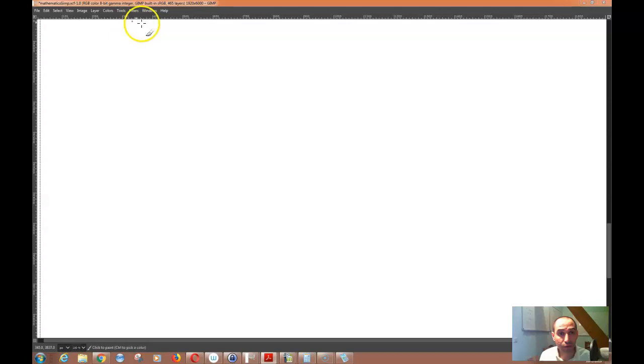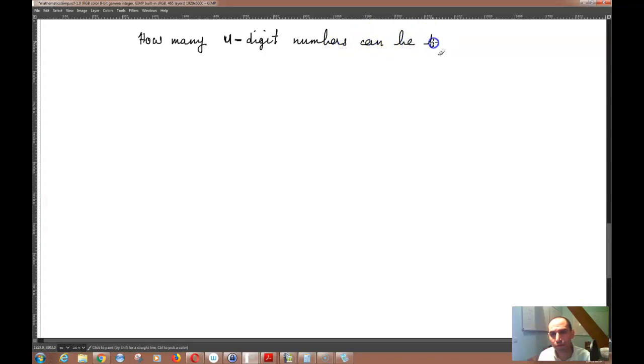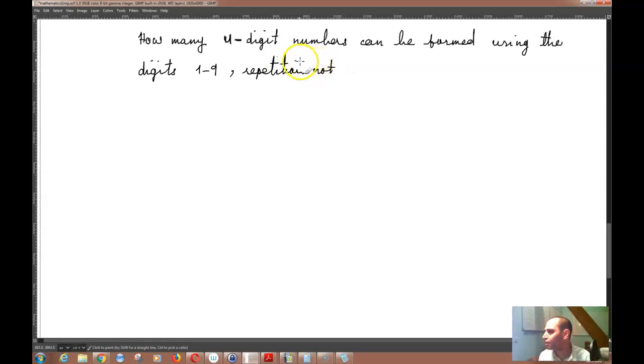Okay, so you want to calculate how many 4-digit numbers can be formed using the digits 1 to 9, repetition not allowed.